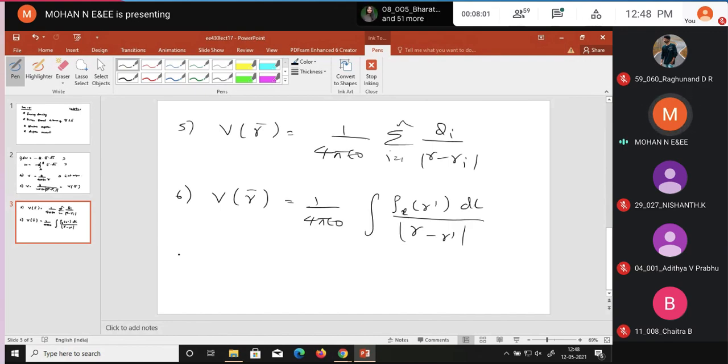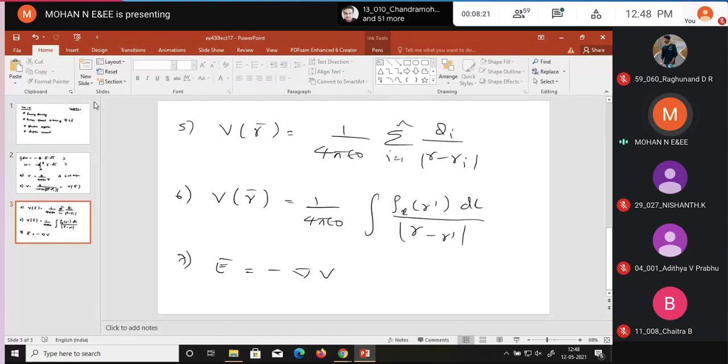These things you can extend for surface charge as well as volume charge. And the relationship between the field and the potential: E vector is equal to minus gradient of V.